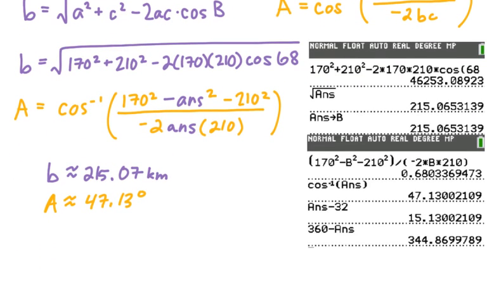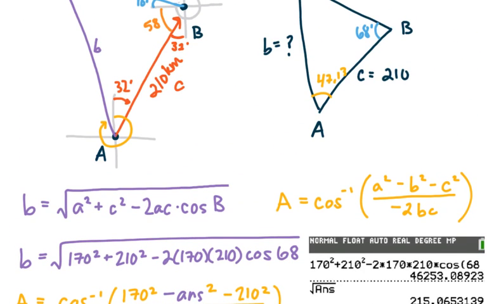So I took 47 and took away 32, which gave me 15. That means this little piece right in here is 15 degrees, roughly. Rounded, of course, 15.13, I believe.